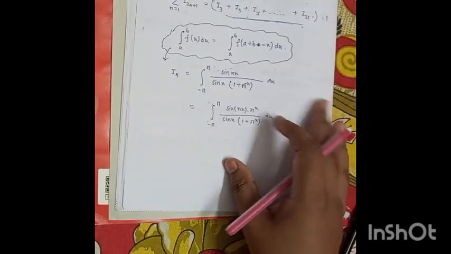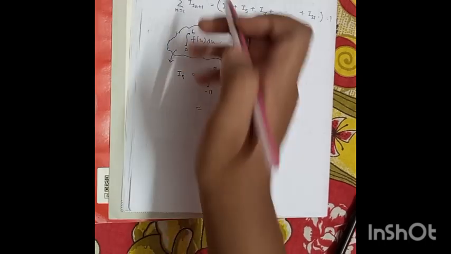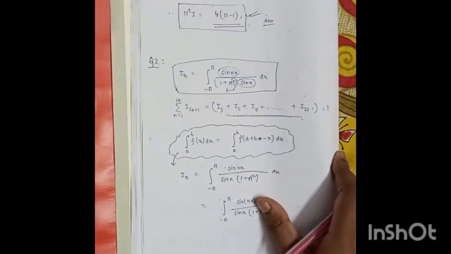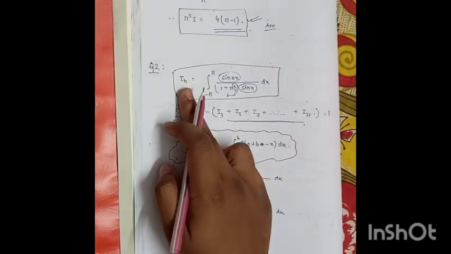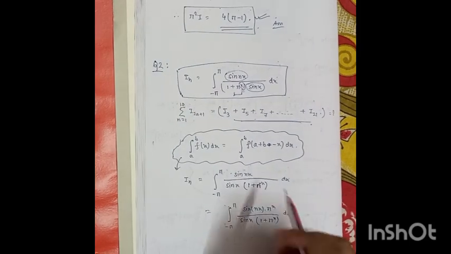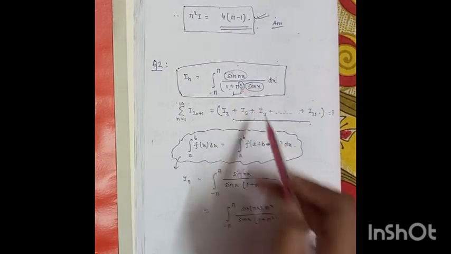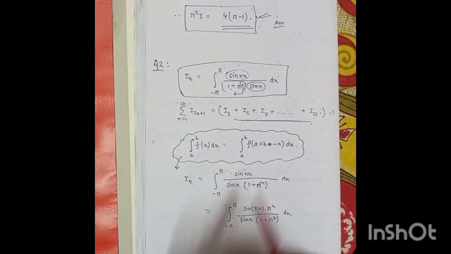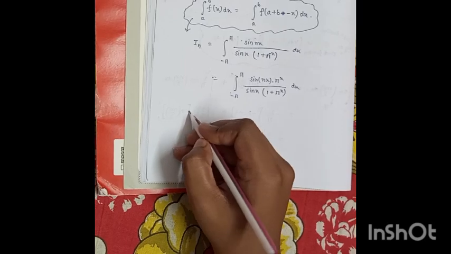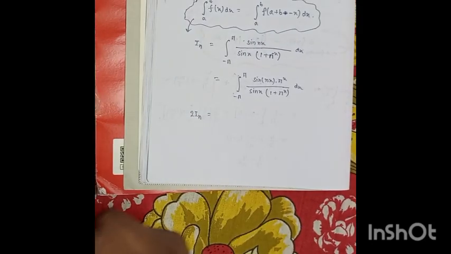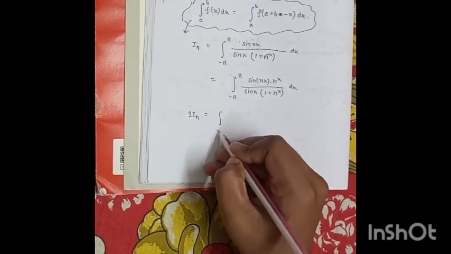Now as we have got two expressions for In, we can simply add them, so that we notice that the 1 plus pi to the power x term will get cancelled upon adding these two integrals. So let us add them. 2 times In will become what?